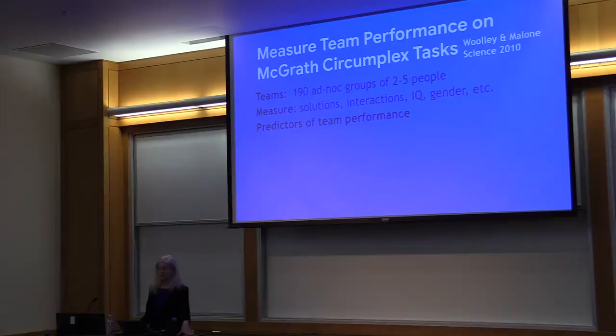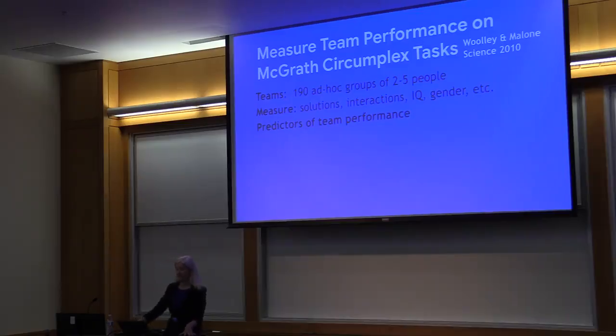So if you measure, this is a small study done in a controlled environment, but I think it has some interesting results in it. But of course, small studies done in controlled environments don't generalize perfectly to your real world. So they have 190 ad hoc groups of about 2 to 5 people.